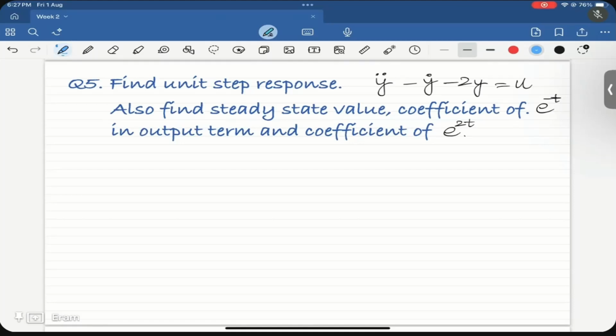So as always, we will first find out the Laplace transform. For y double dot minus y dot minus 2y equals u, we can write the Laplace as s square Y minus sY minus 2Y equals U, and Y by U will be 1 divided by s square minus s minus 2. So is it the unit step response?